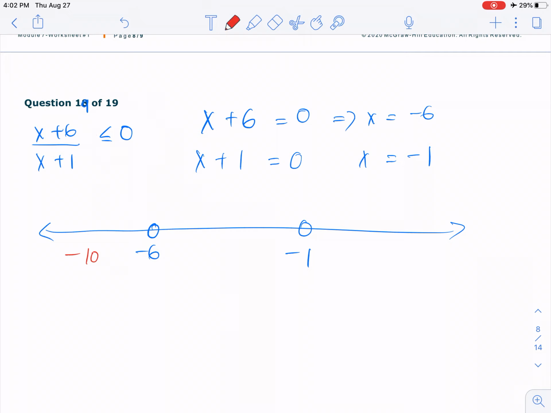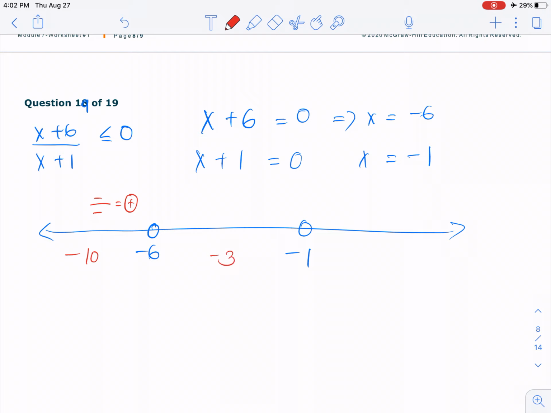So if I have -10, I plug it in right here and right here. On top, for the numerator, I'm going to get a negative. For the denominator, I'm going to get a negative. A negative divided by a negative is a positive. From -6 to -1, I'm going to pick -3.